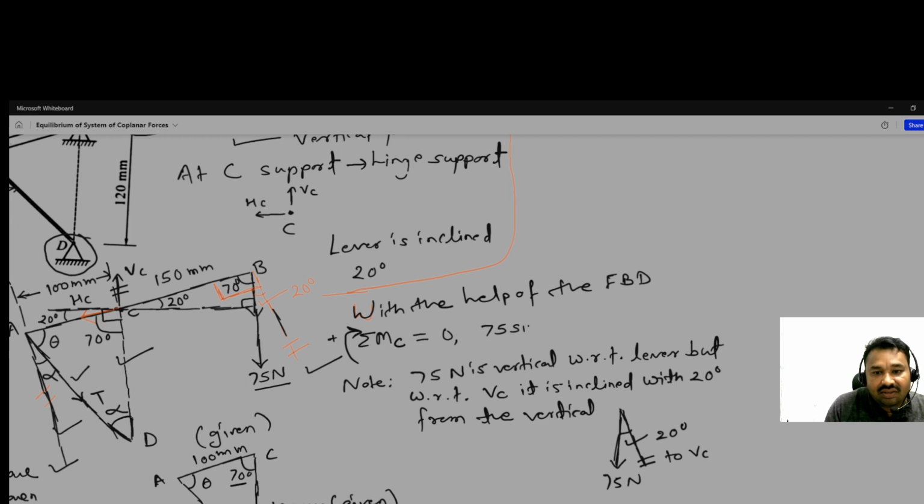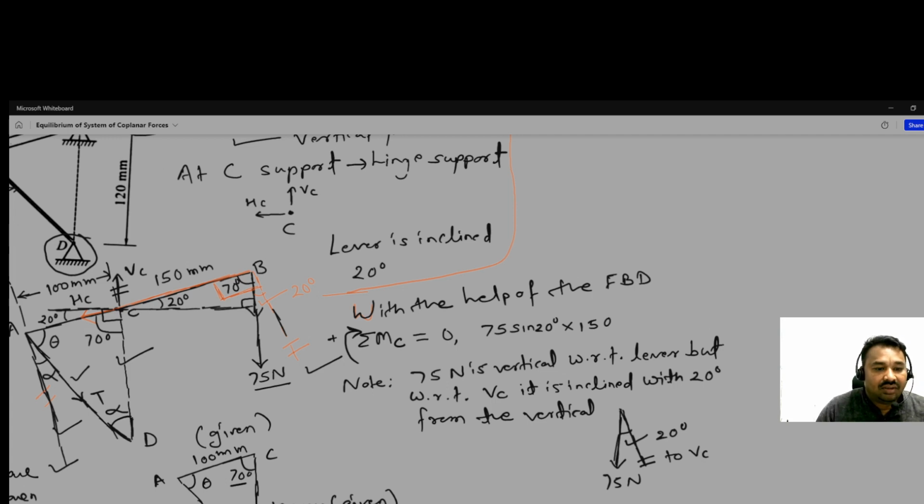Okay, so with the vertical, that's why sine 20, and then perpendicular distance we have to multiply. So perpendicular distance, if you see the free body diagram, this is the perpendicular distance, and that is 150.